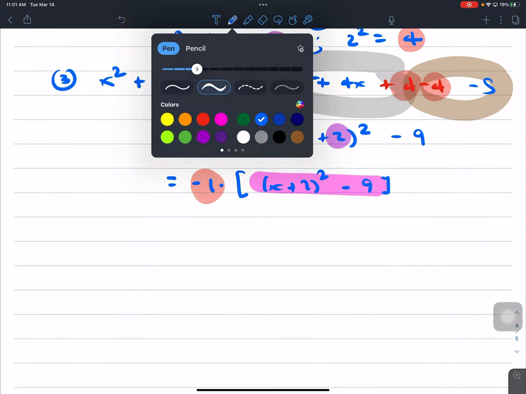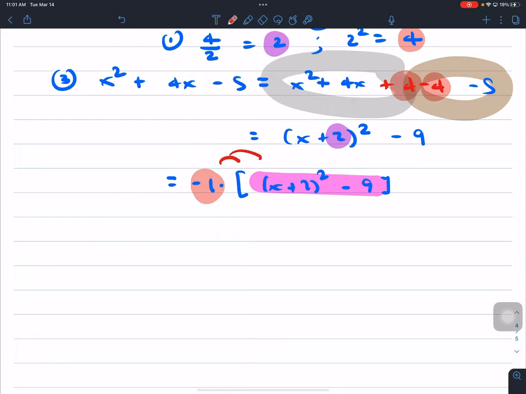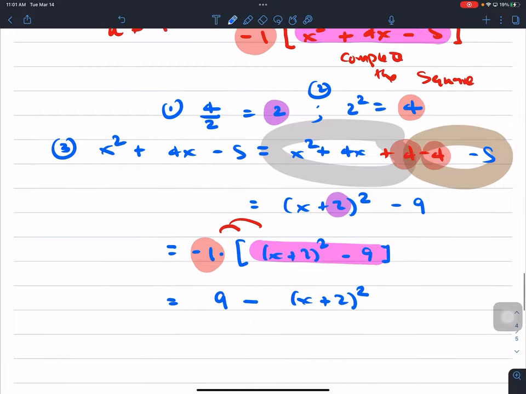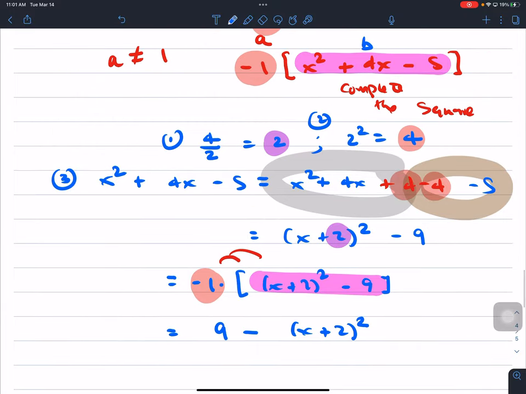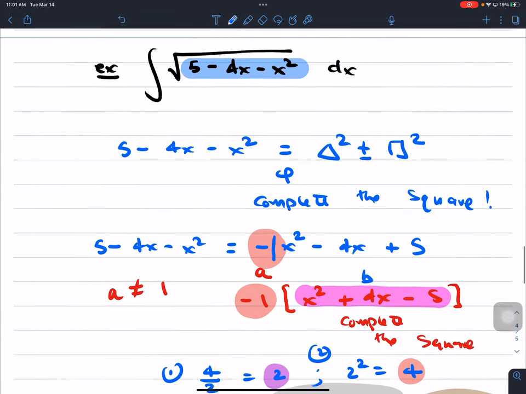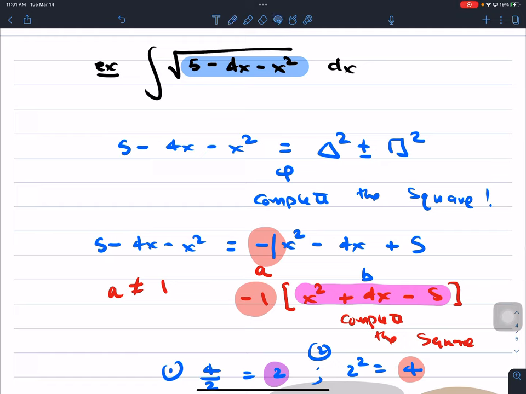But when you distribute the negative 1 now, what do you get? Don't you get 9 minus (x plus 2) squared? Okay, you know what I'm saying? So all along, that is under this radical.